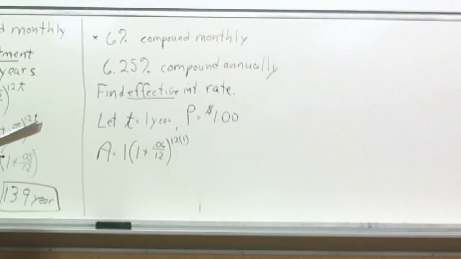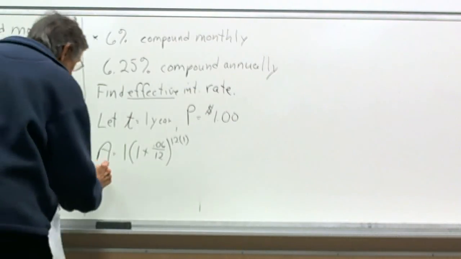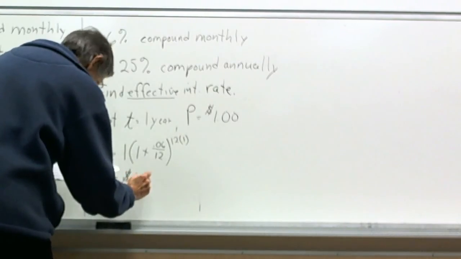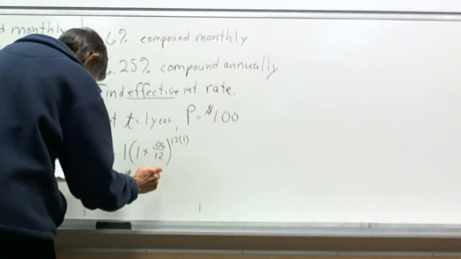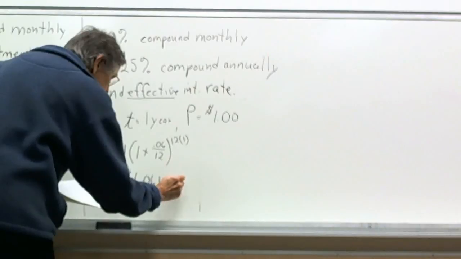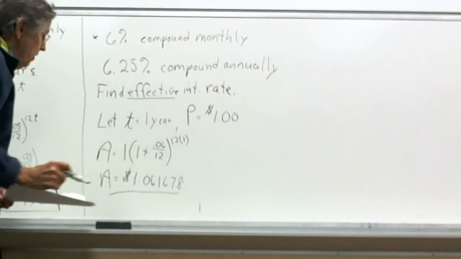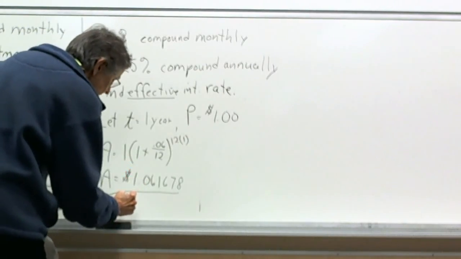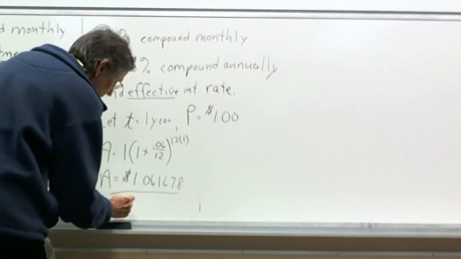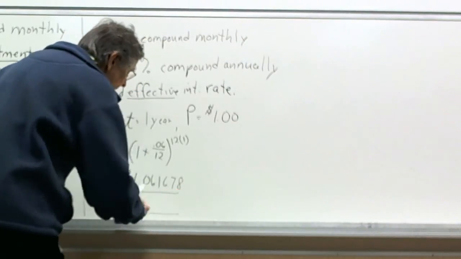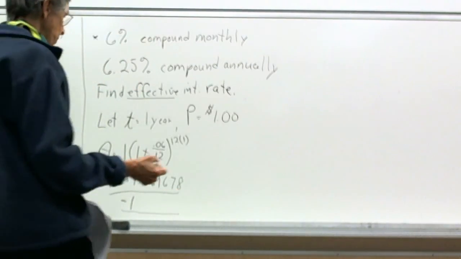Well, I, again, plug that in my calculator, and I come out with a little more than $1, $1 and a little more than 6 cents. Okay. So I've earned a little more than 6 cents here. Now, I can subtract off the original amount that I invested, which is $1, and I can convert that then to the effective interest rate.